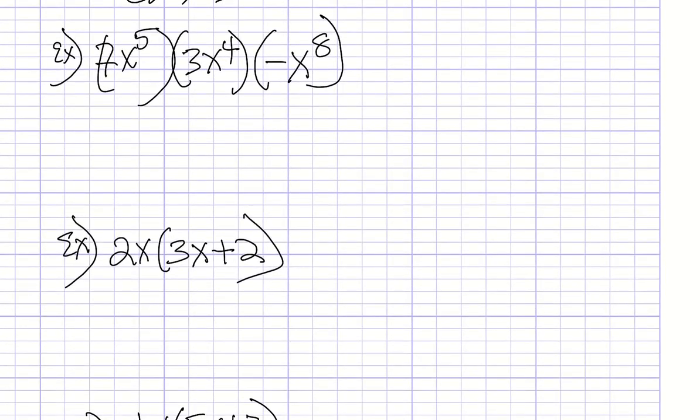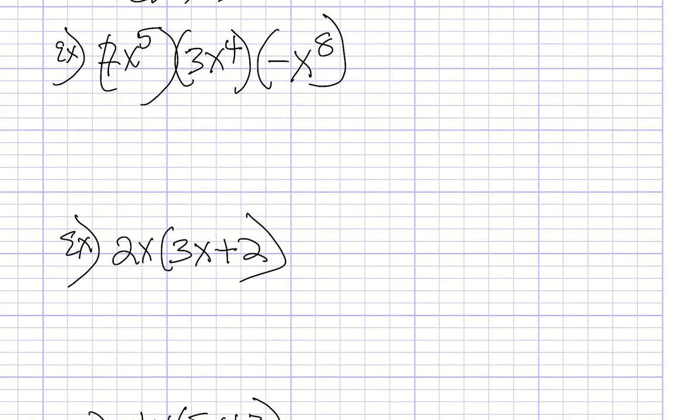So when you multiply polynomials, it's a different beast. You gotta multiply everything. Let's do the next one. It's actually very interesting. It's easier to multiply if you master your exponents. Again, that's why I did the exponents first. So you have 7 times 3 times minus 1, and then x.